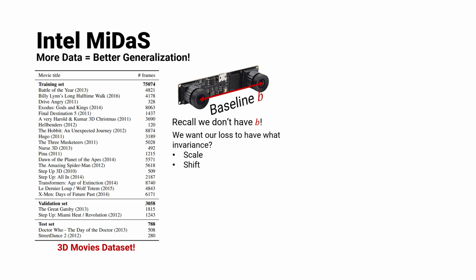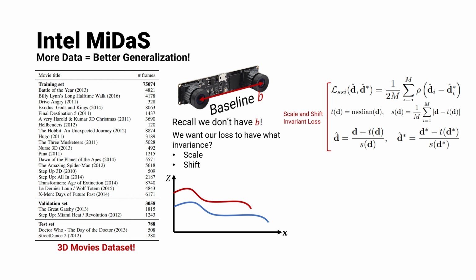So in other words, if you have the depth of a single row, X here is just the row of pixels and Z is the depth. The red one could be the ground truth, the blue one could be the prediction. We know that the shape is matching, which means it is correct. And this is exactly what is represented in the scale and shift invariant loss. I would not dwell too much upon the math here, but this is what is being captured at a fundamental level.